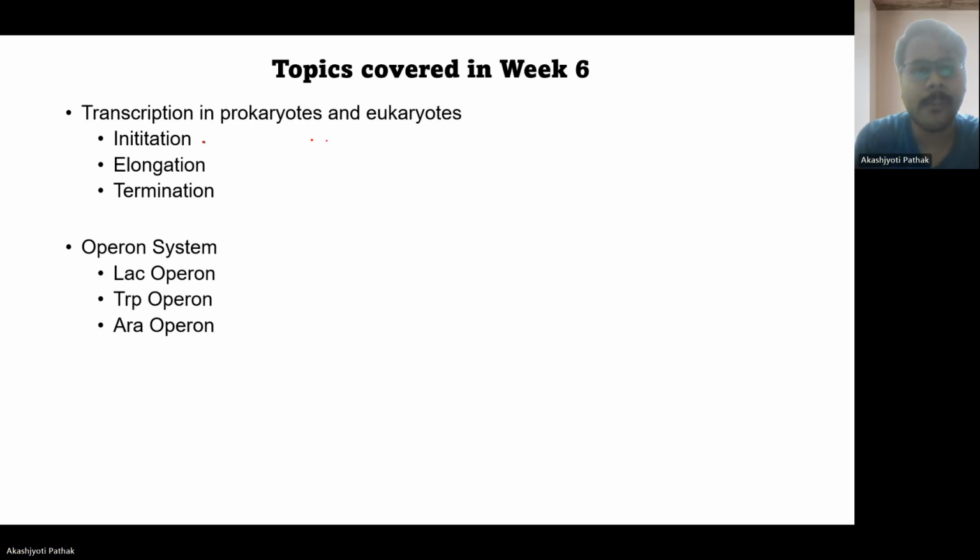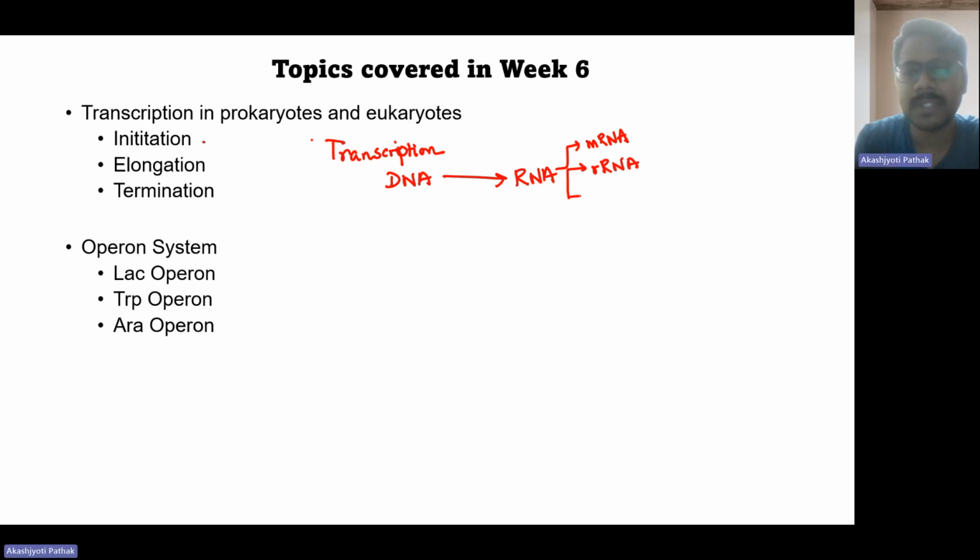So basically, when we talk about transcription, it means that the DNA is getting transcribed into RNA. Now the RNA can be either mRNA, rRNA, or tRNA. mRNA stands for messenger RNA, rRNA means ribosomal RNA, and then there is transfer RNA or tRNA, right?